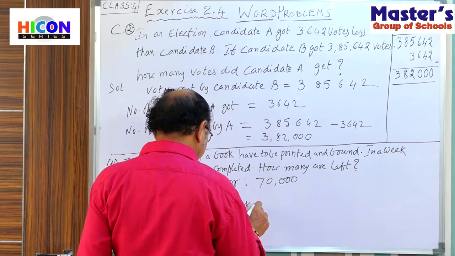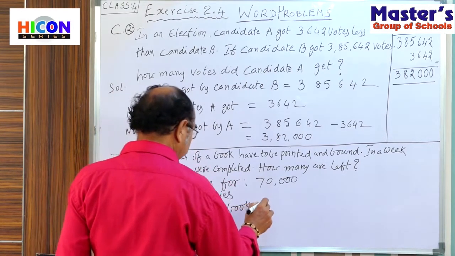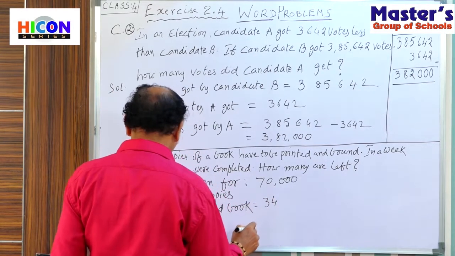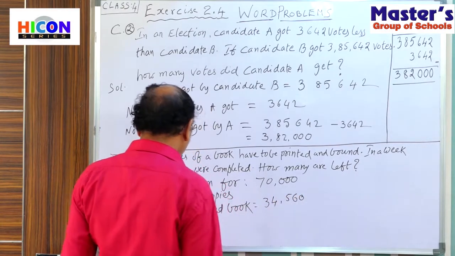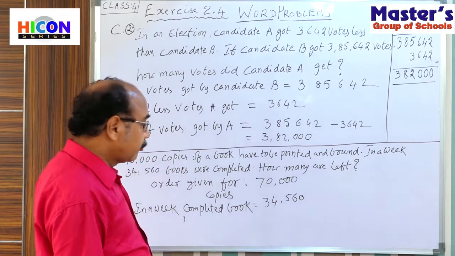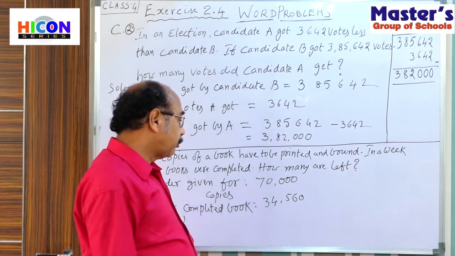How many books were completed here? 34,560. Only these books were completed.